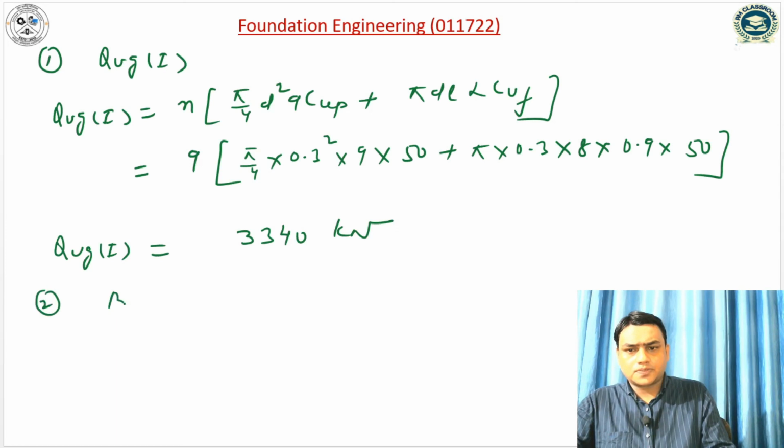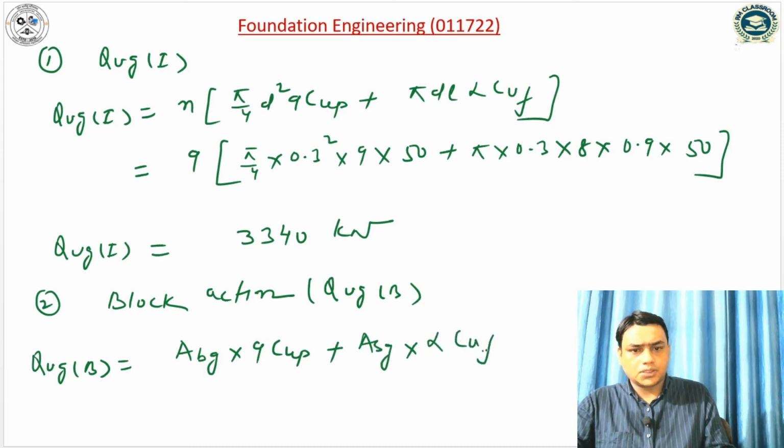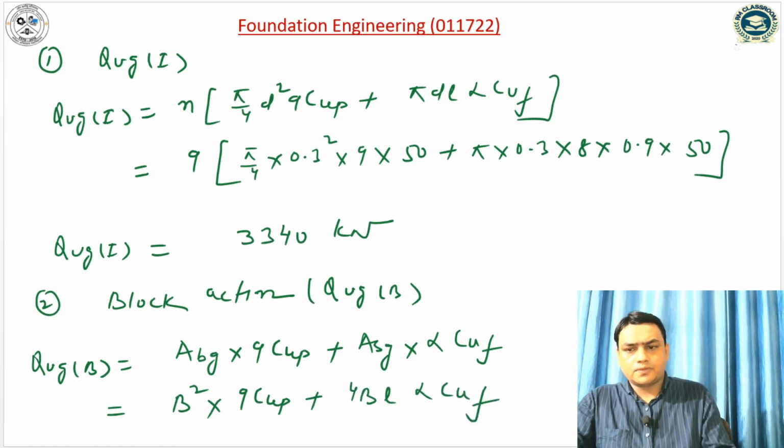Second one is block action. Q_UG block is equal to A_BG into 9 into C_UP plus A_SG into alpha into C_UF. So A_BG can be written as B square into 9 C_UP plus 4B into L into alpha into C_UF.